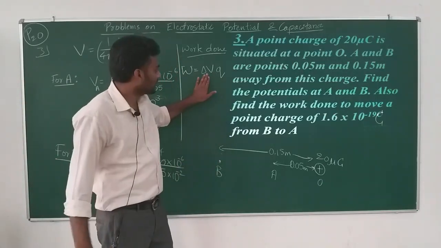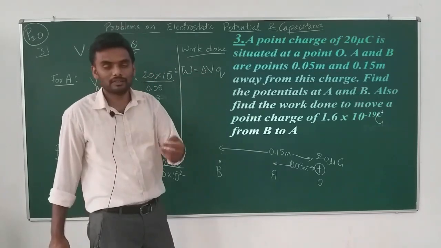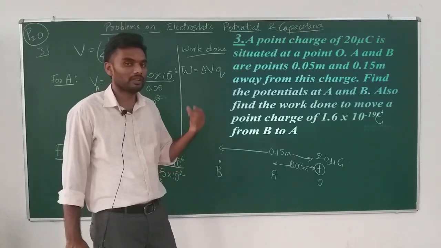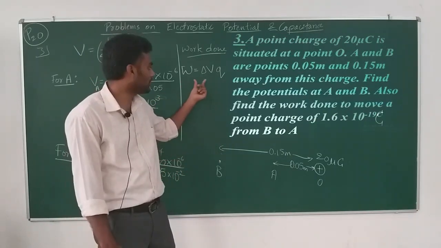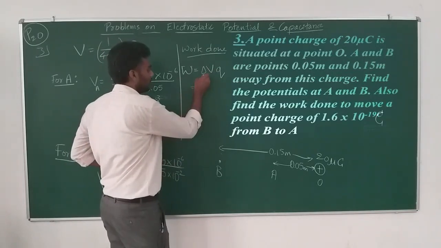So this is the general form, and using it you can write the special case when the charge is brought from infinity, where it becomes simply VQ. Now it is delta V Q, the general form. What is delta V?